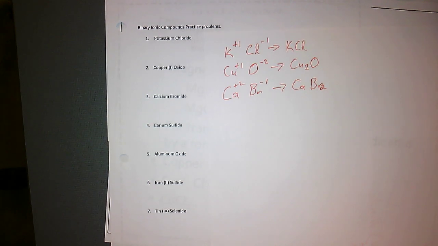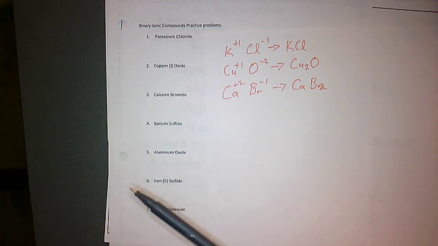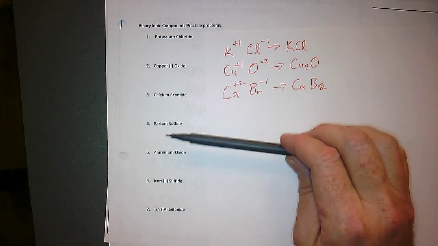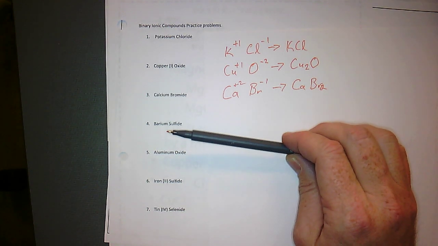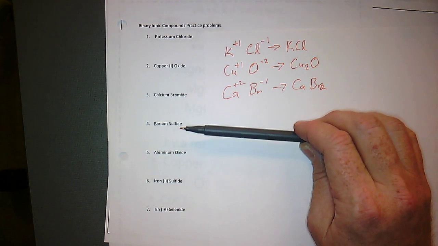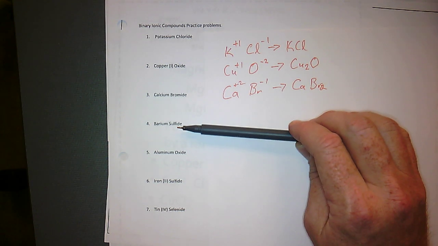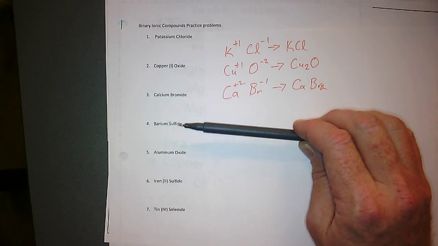Okay, so what I want you guys to do, if you're in a pod of 4, the people closest to my desk will be the first person. The people on the outside, closest to the cabinets, will go first. The people on the inside will go second. I want you to talk them through it. So Brandon, you would go first with Patrick, and you will talk him through barium sulfide just like I talked through this one.